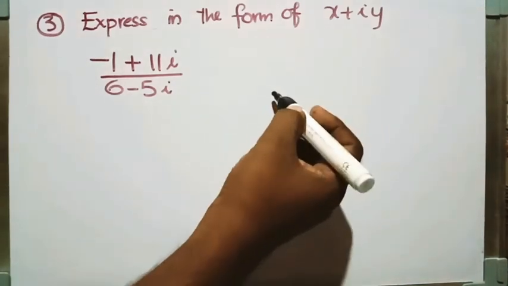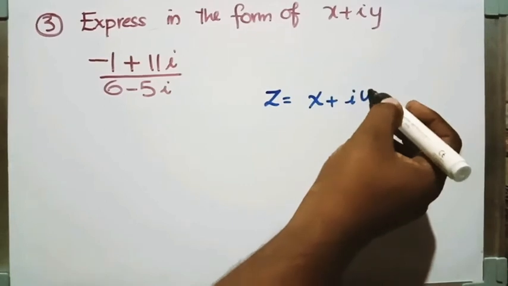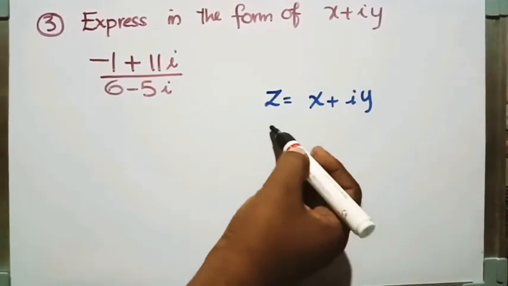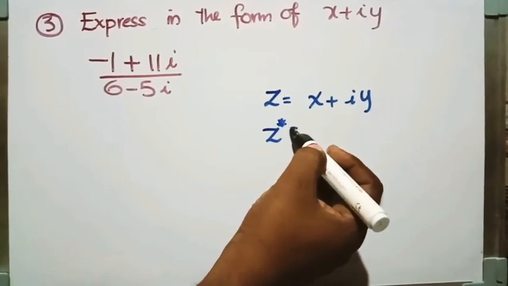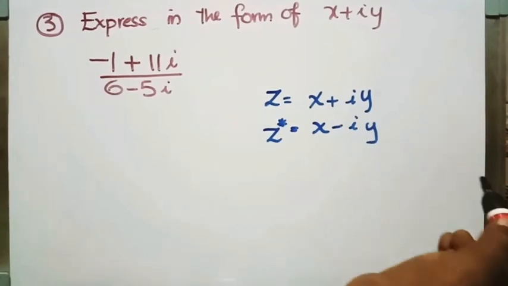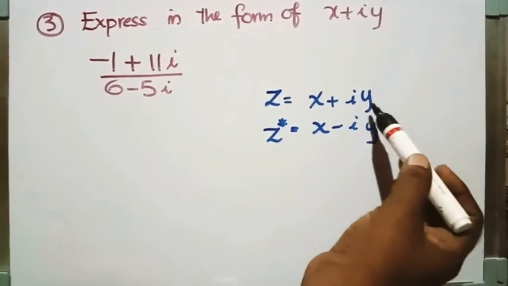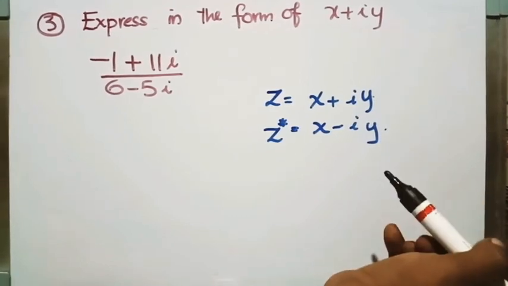If z is a complex number, let it be x plus iy, then its complex conjugate is z star, which is x minus iy. Look at this. If we compare this one with roots, this is alpha and this is beta.